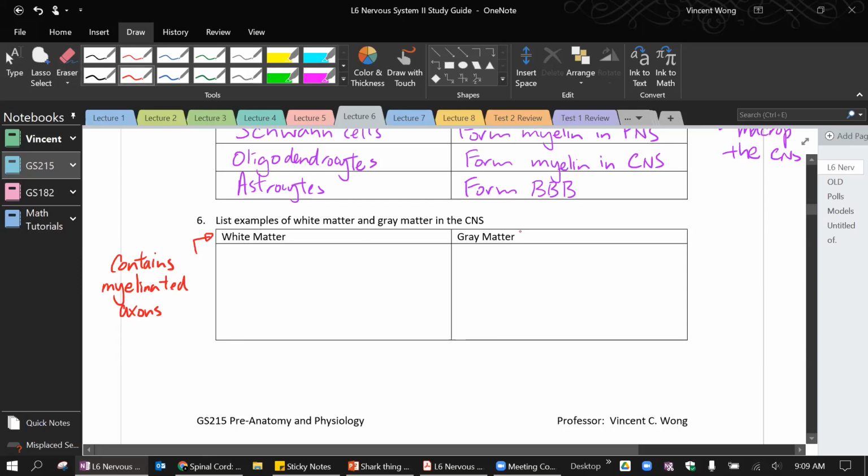Whereas the gray matter primarily consists of cell bodies and short unmyelinated axons.